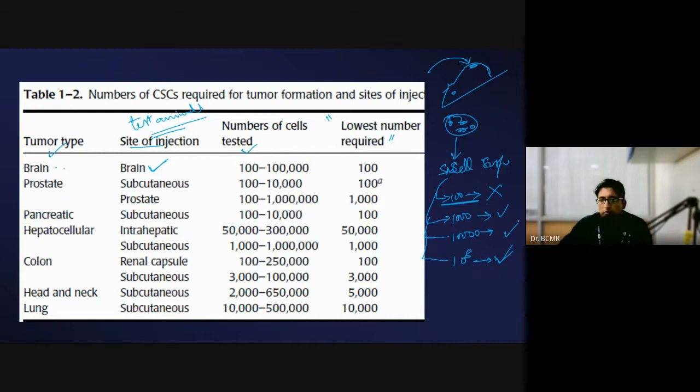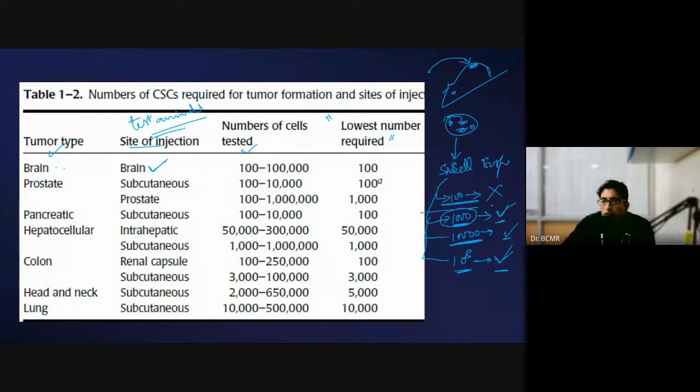What does that say? It says that at least one cell in these 1,000 cells is there to give rise to a tumor. And here, at least one cell in 10,000, at least one in 10 to the power 8 cells is there to give rise to a tumor.